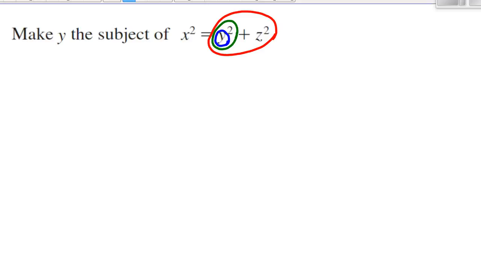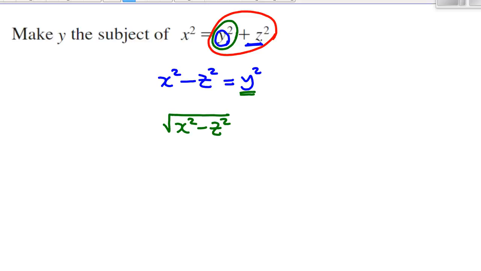The opposite of adding z squared is subtracting, so we'll have x squared minus z squared is equal to y squared. The opposite of squaring y is square root, so the square root of x squared minus z squared is equal to y.